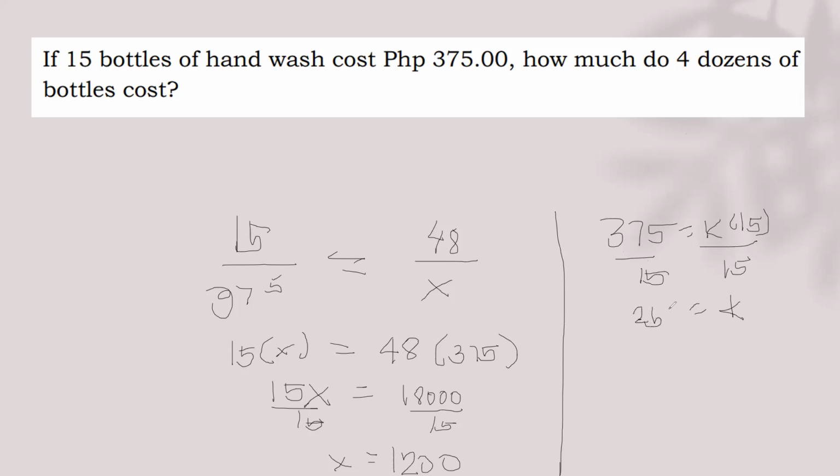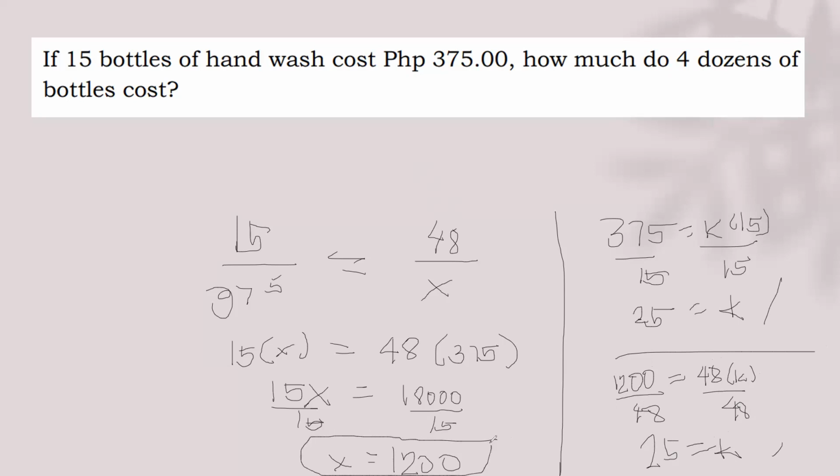Dapat 25 din ang constant nung kabila. 1,200 ang babayaran natin sa 4 dozen, which is 48 pieces times K. So i-divide natin ng 48. Our K, that's 1,200 divided by 48, is 25. So ibig sabihin, balance tayo. Tama ang ating 1,200.